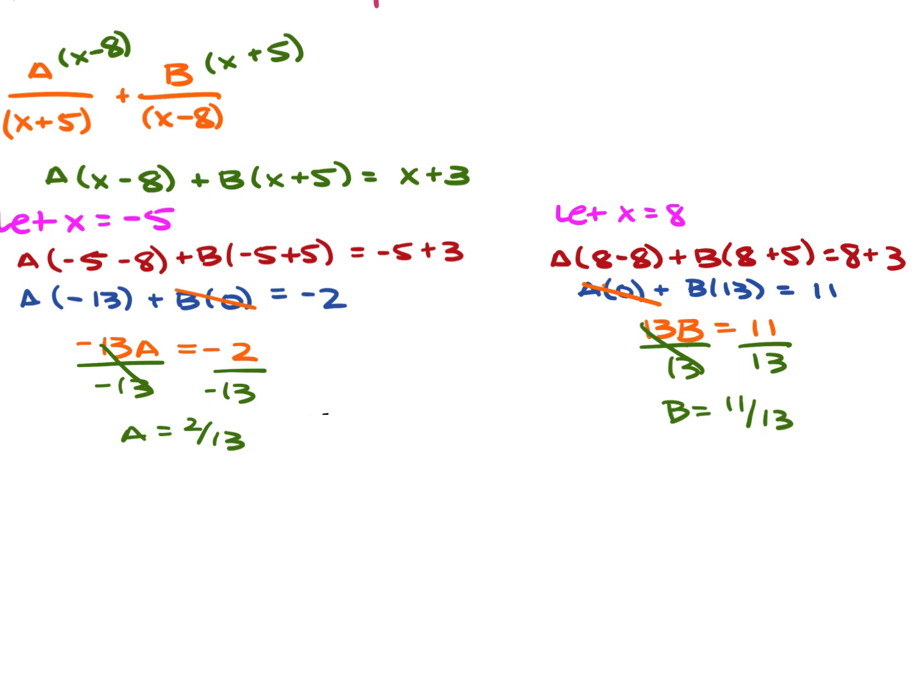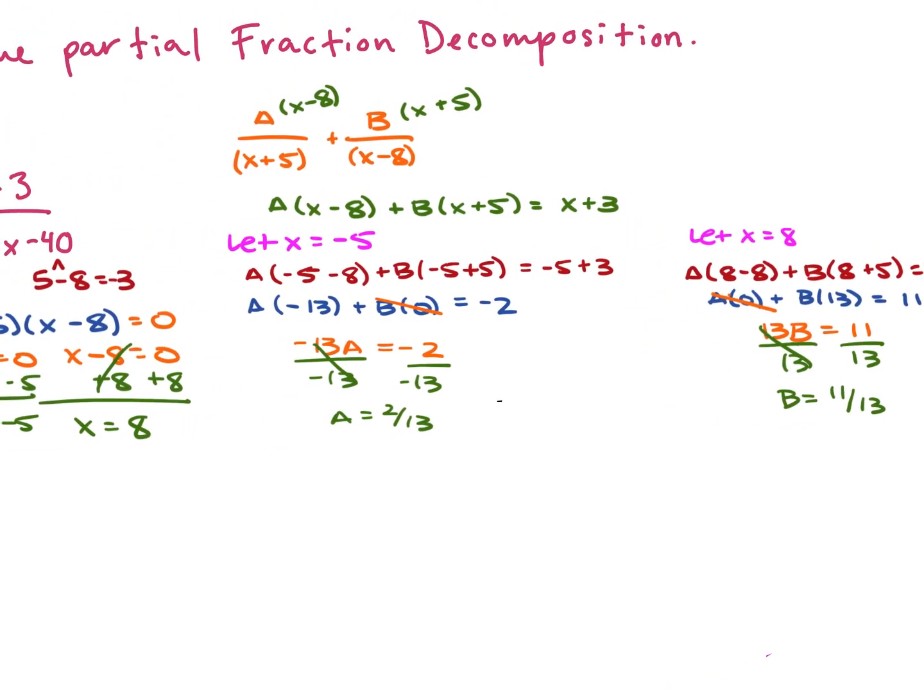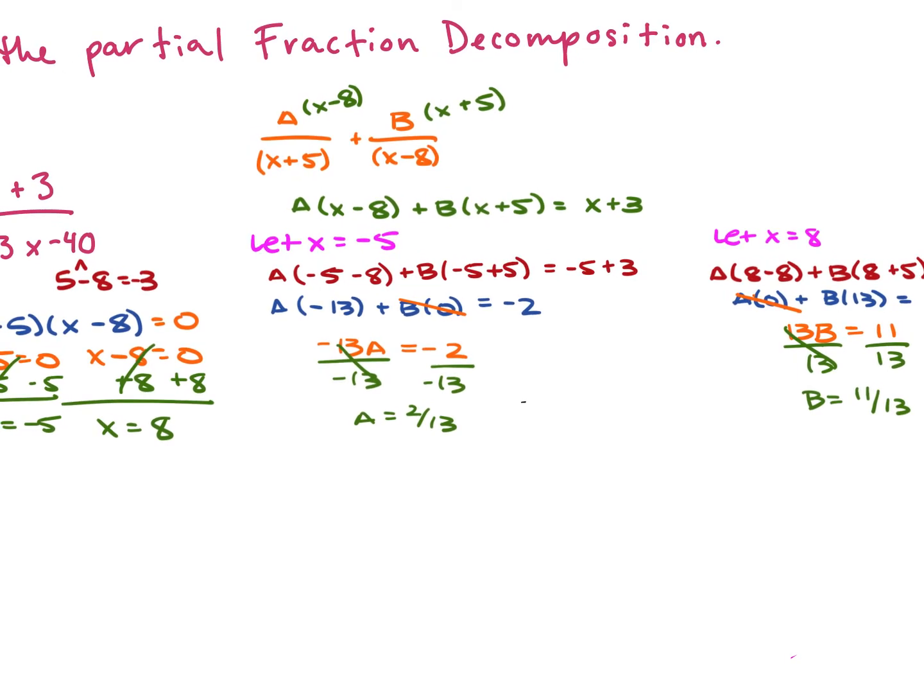From here, plug these into that a over x plus 5 plus b over x minus 8. So this is going to give us 2 over 13 over x plus 5 plus 11 over 13 over x minus 8. You do still need to simplify this because you have the fraction in the numerator.